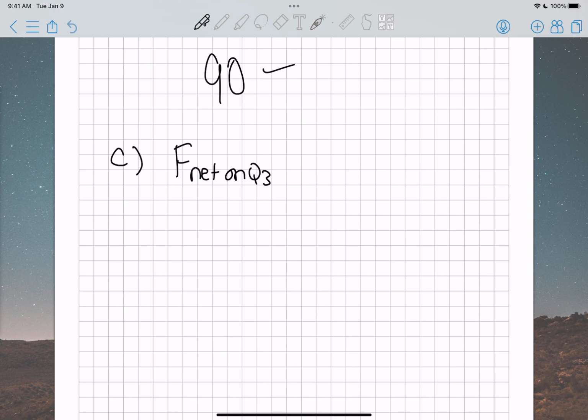So it's how Q3 reacts to Q1 and Q2. That is extremely well said. And so now we're just calculating FQ1 on Q3 and FQ2 on Q3, right? They already gave us Q1 on Q3, and they said that's 1.42 times 10 to the negative 5 newtons, right?